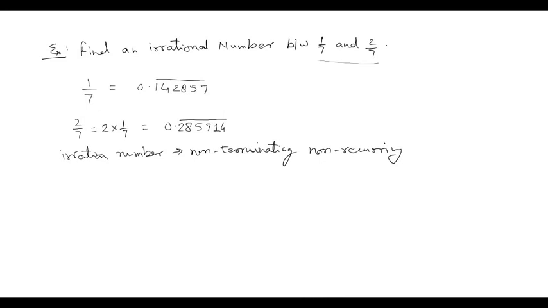One such number can be 0.15, 015, 0015, 00015 and so on. Another number can be 0.16, 016, 0016, 00016 and so on.